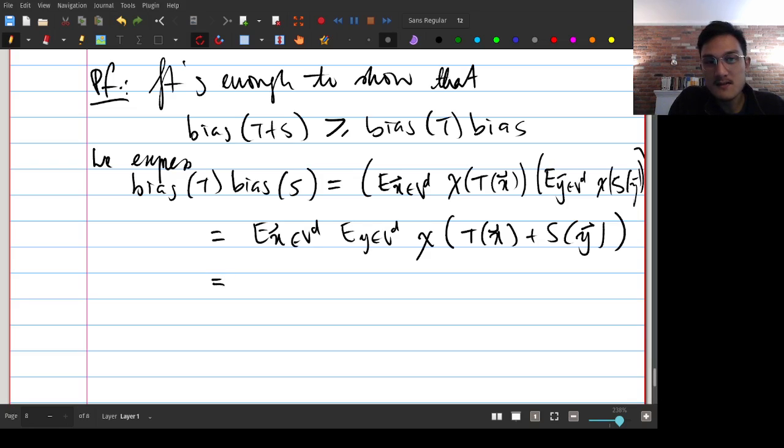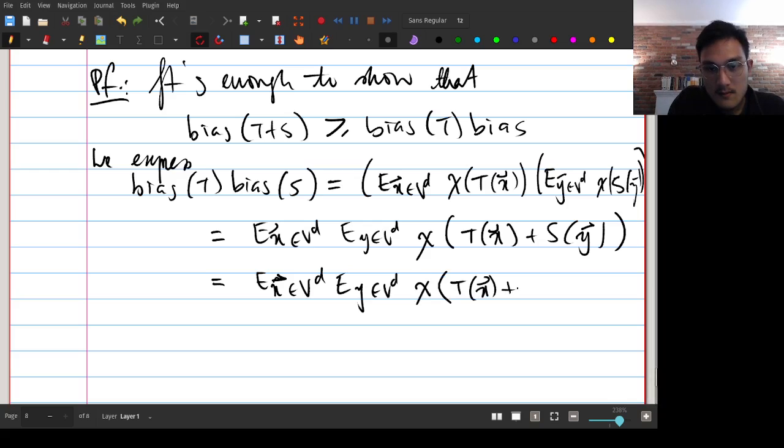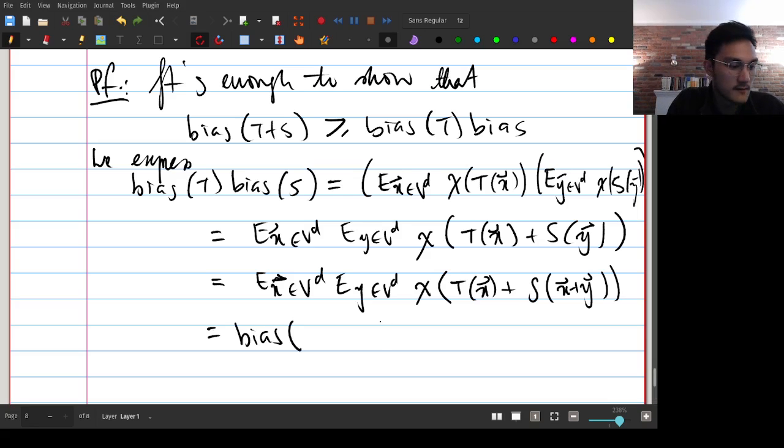And this is the same distribution as x, y in V^D, chi of T of x plus S of x plus y, because x plus something is a bijection. Then, by definition of bias, this is the bias of T of x plus S of x plus y.